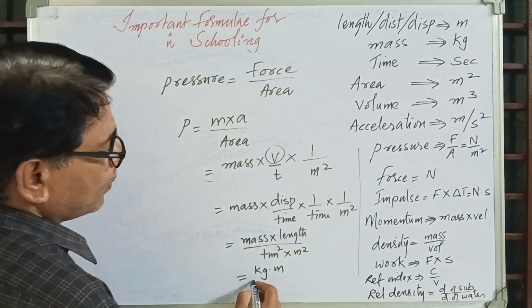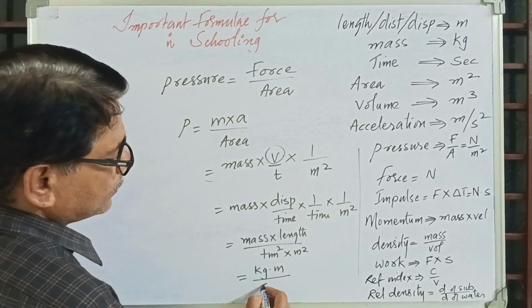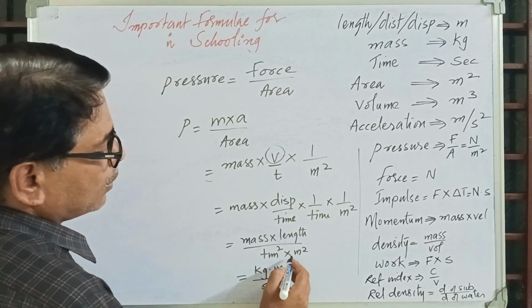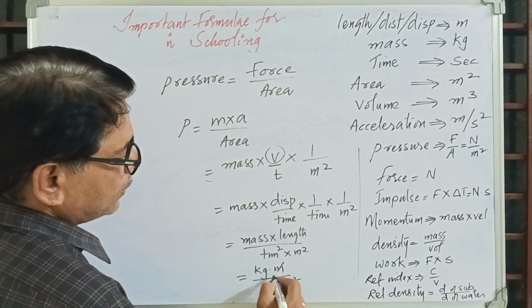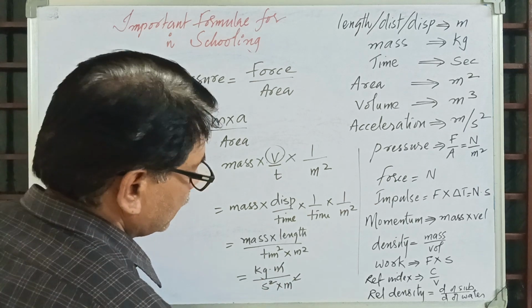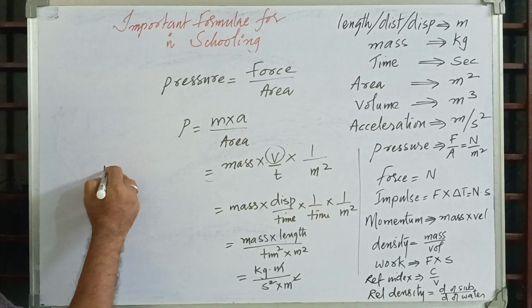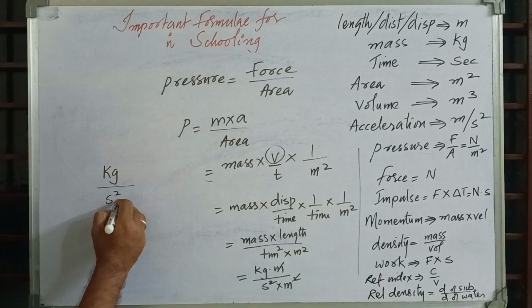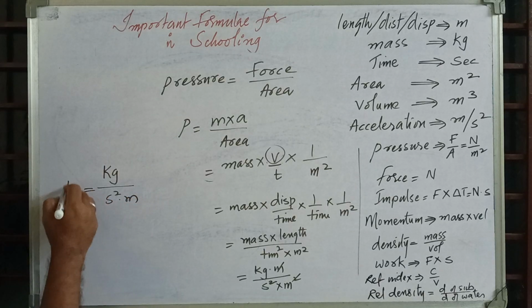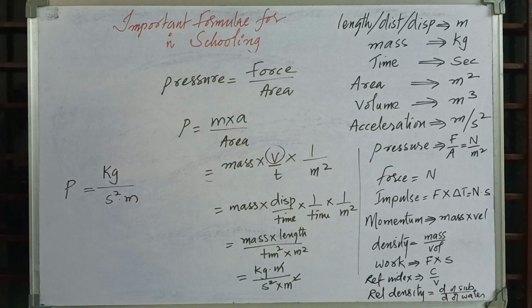Meter. What is the unit for time? Second square. What is the unit for area? Meter square. So this meter and that meter, one meter gets cancelled. What is left over? Kg by second square into meter. This is the unit for pressure.